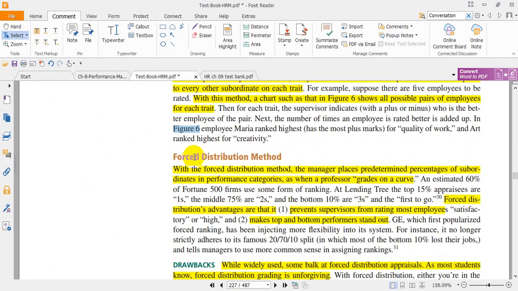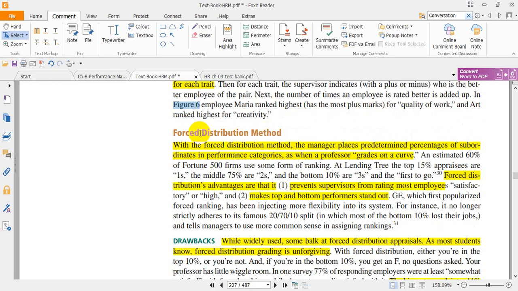Another method is the forced distribution method. With the forced distribution method, the manager places predetermined percentages of subordinates in performance categories, as when a professor grades on a curve. An estimated 60% of Fortune 500 firms use some form of ranking.